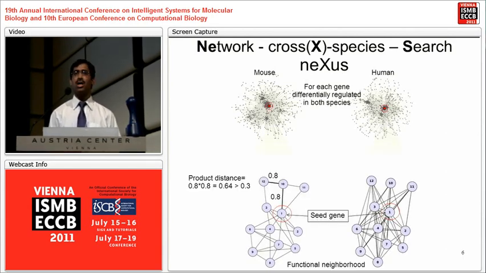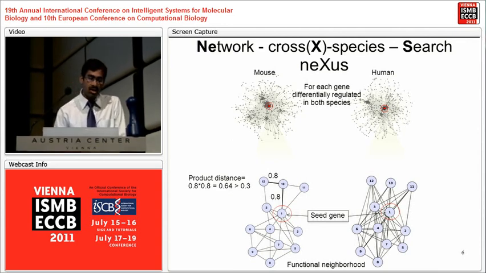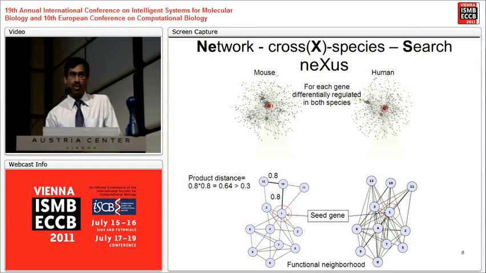The functional neighborhood contains all those genes that are within a certain product distance from the seed gene. So in this case, the seed gene is 1, and gene 12 is at product distance 0.8 multiplied by 0.8, that is 0.64, which is greater than a certain threshold. That's why it's in the functional neighborhood of that gene. Likewise, in both the species, all the genes are within a certain product distance.